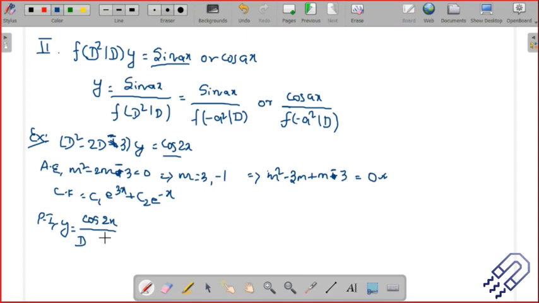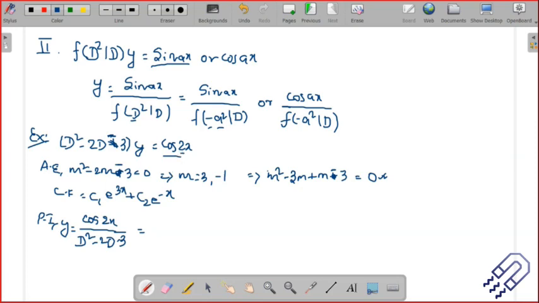So we have cos of 2x. The rule is cos of 2x divided by D square minus 2D minus 3. Now in place of D square, we are going to replace it with minus a square.